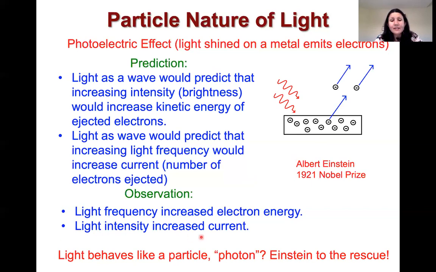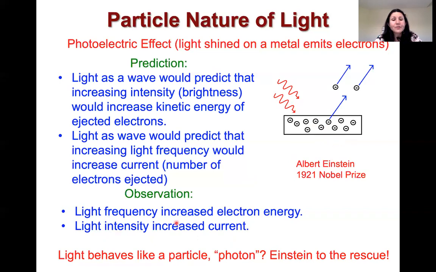Well, if light instead was a particle, not a wave, then intensity or brightness would have to do with how many of these particles are bombarding this metal. The more particles, the higher the intensity, the more electrons you would get knocked out.